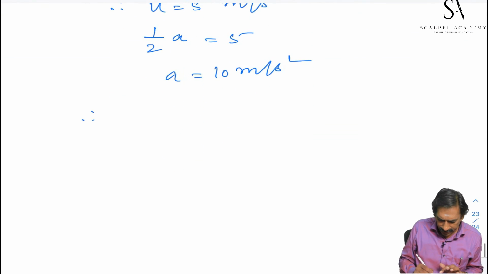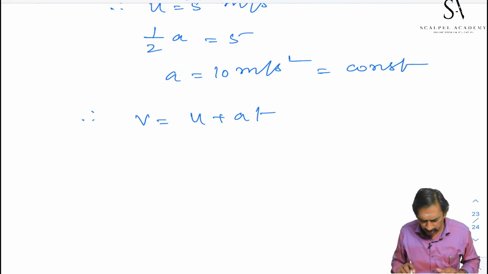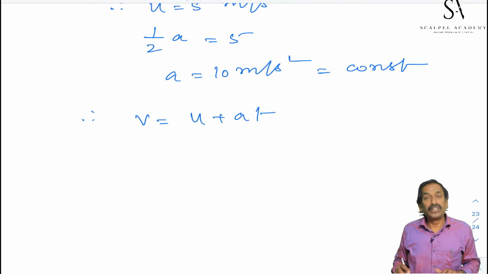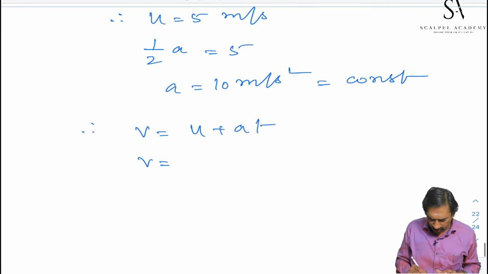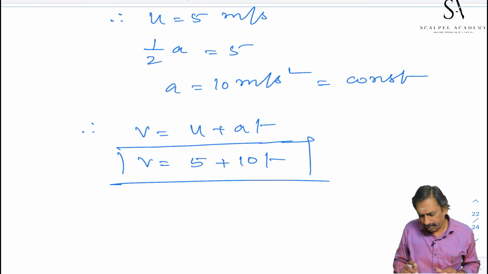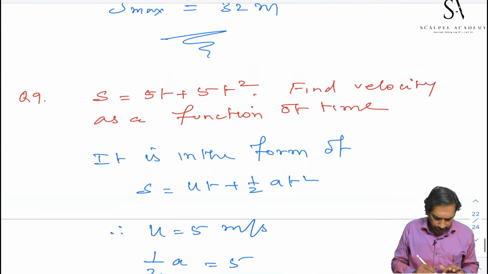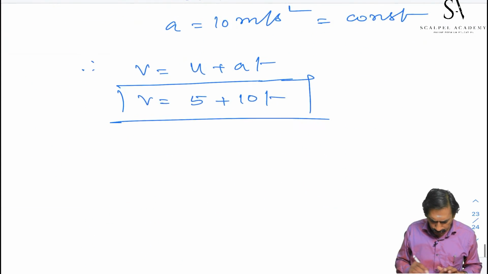Therefore, we can write v is equal to u plus at. a is constant, therefore you can use the formula v is equal to u plus at. V is equal to 5 plus 10t. We calculated velocity as a function of time. This is method 1. Shall we go to method 2?